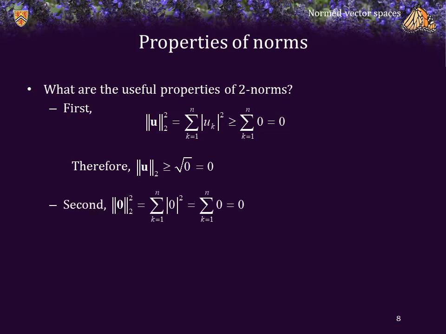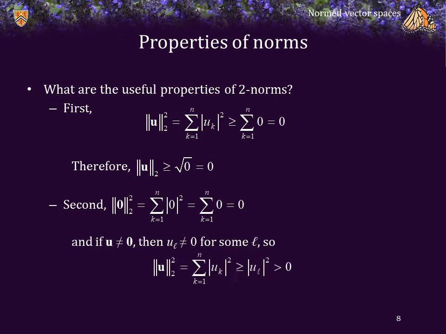Second, we see that the 2 norm of the 0 vector is indeed 0. Finally, if u is not the 0 vector, then there must be some entry u sub l within the vector which is not equal to 0.